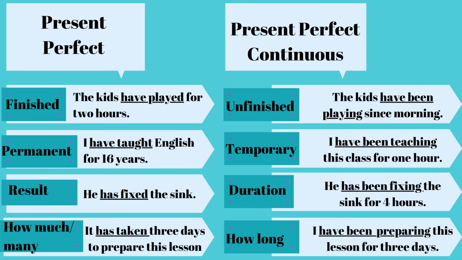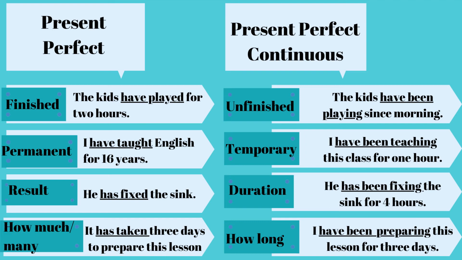The obvious difference between these two aspects of the present tense is how it's formed. As I said, the present perfect of any verb is composed of two elements: the appropriate form of the auxiliary verb to have, plus the past participle of the main verb.